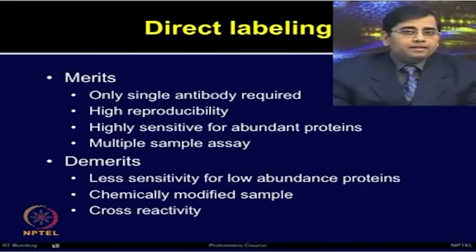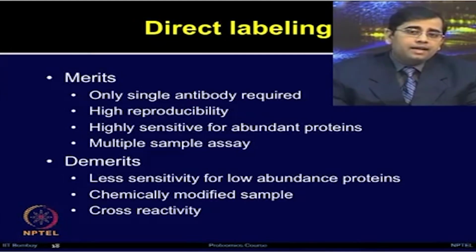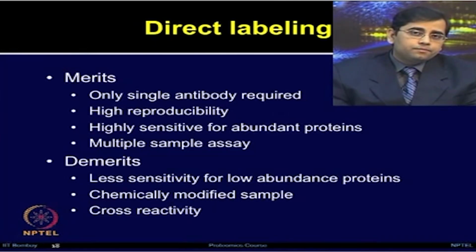The direct labeling method has many advantages. It requires only a single capture antibody. It has the capacity for multiplexed detection of hundreds of analytes, and it offers accuracy and reproducibility, which is required for abundant proteins.